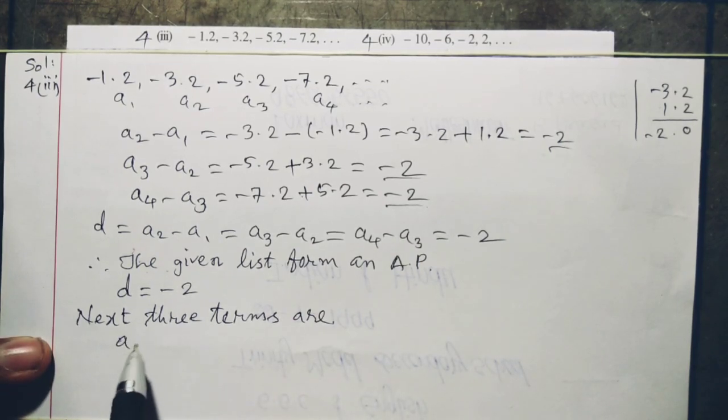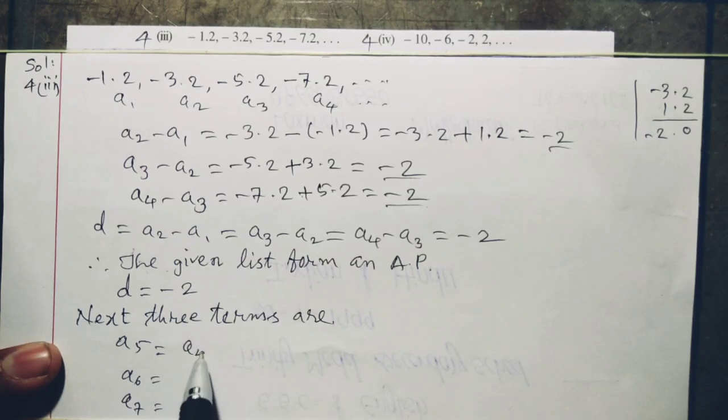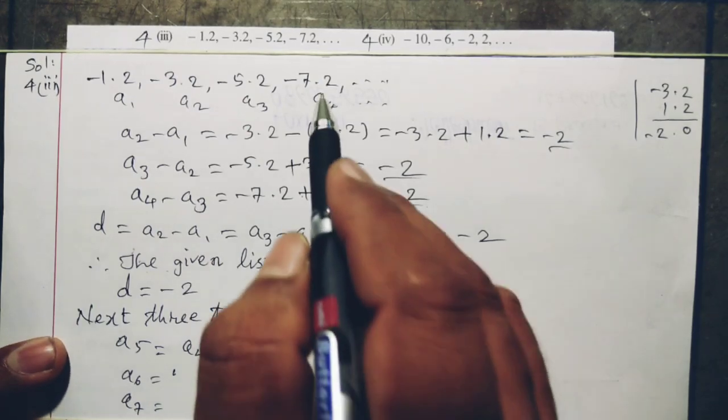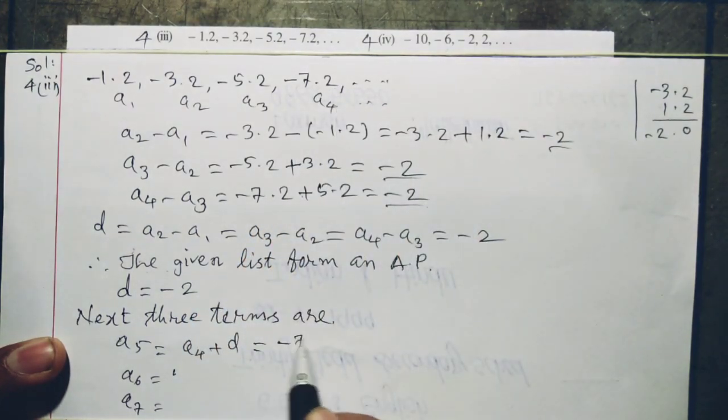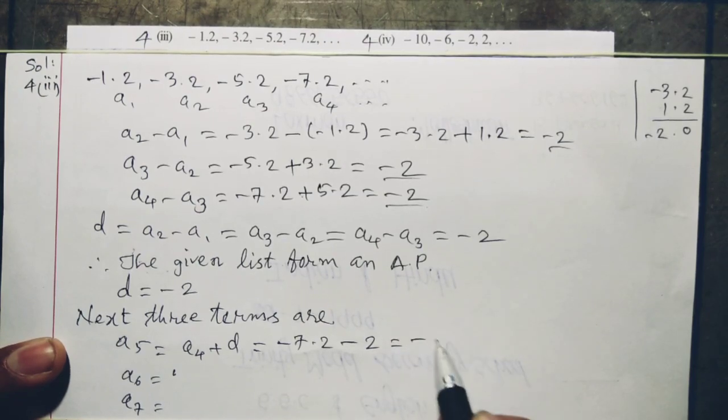Next three terms A5, A6, A7 we have to find. A5 is A4 plus D, A6 is A5 plus D. A4 is minus 7.2, common difference minus 2, minus 9.2.